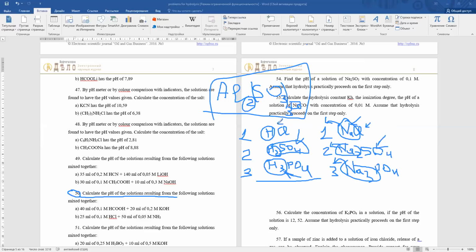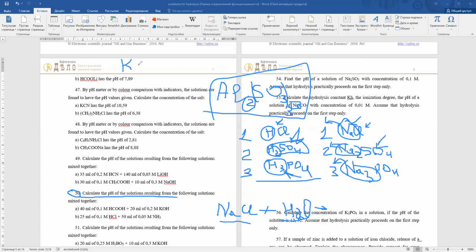You have to notice the acid itself. Okay, I'm going to write a reaction, and then you should tell me how many steps can occur for this hydrolysis reaction. Can you tell me how many steps? One.